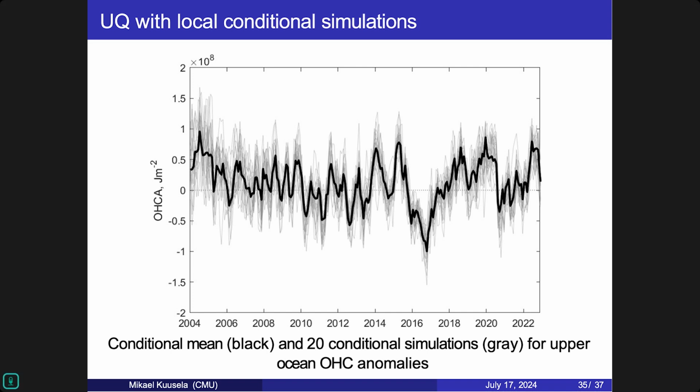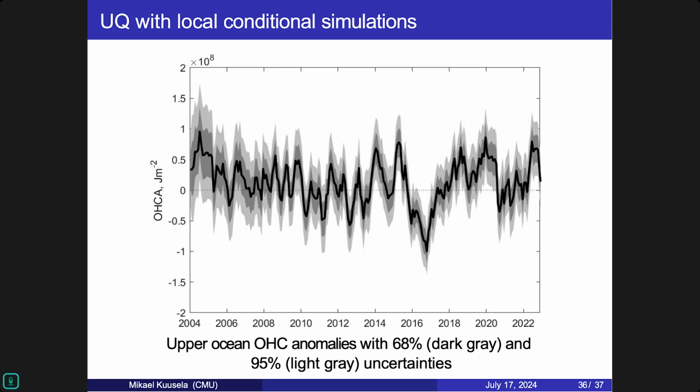So given the constraint of the data, that's the ensemble spread of what the possible real time series might have looked like. And then you do this many times and look at the spread, and now you get these uncertainty intervals. We had some discussion if these are prediction intervals or confidence intervals, but it's just called uncertainty intervals around those predictions from those conditional simulations. And this is what you will do in the afternoon.